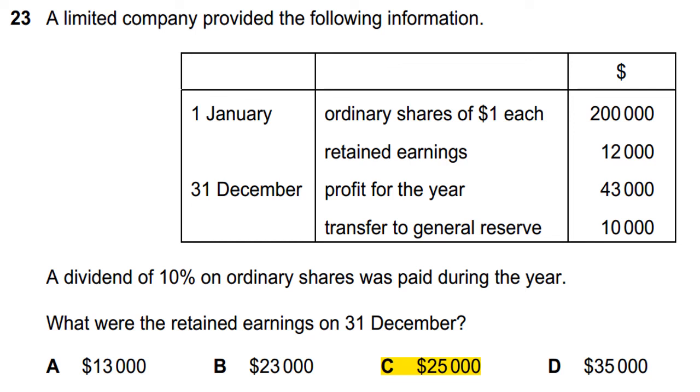A dividend of 10% on ordinary shares was paid during the year. What was the retained earnings on 31st December? Retained earnings at the end of the year, option C will be correct, that is 25,000. We will see the working in the next slide.